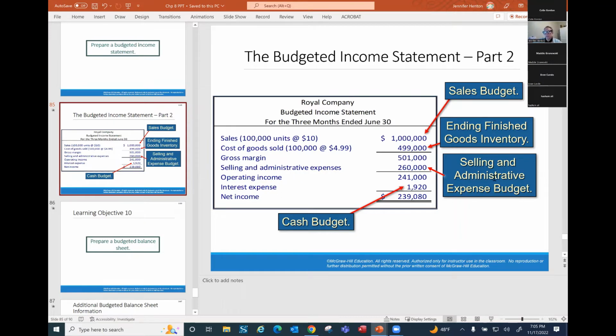That comes off the selling and admin expense budget. That was 260,000. So our operating income is 241,000. And then we had interest expense of $1,920. So my net income is $239,080.